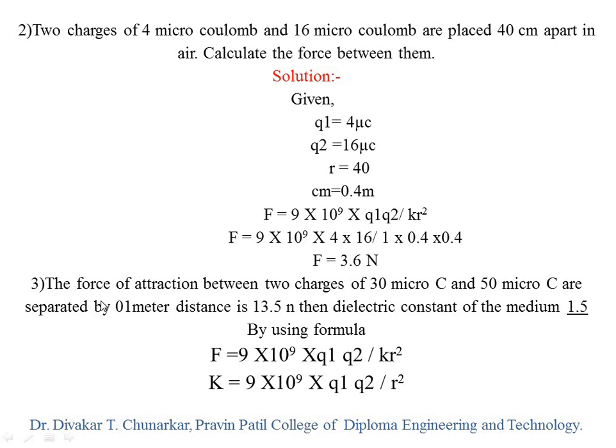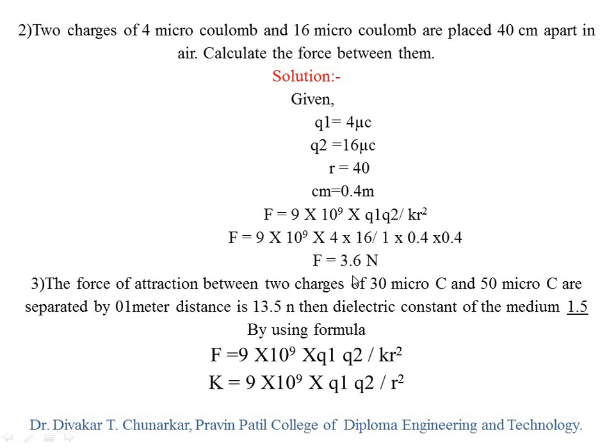Then find the dielectric constant of the medium, which is 1.5. This problem was asked in your online examination last year. In this problem, we have to calculate the dielectric constant.